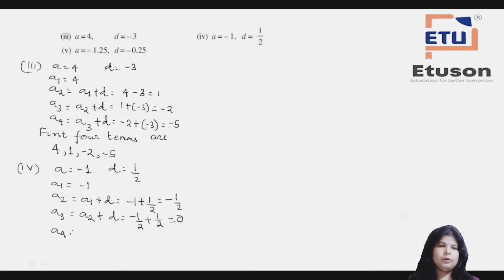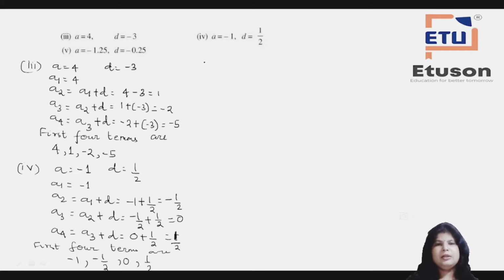What is A4? A4 is equal to A3 plus D, that is 0 plus half is equal to how much? It is half. Correct? So what are the first four terms? So first four terms are minus 1, minus half, 0 and 1 by 2.